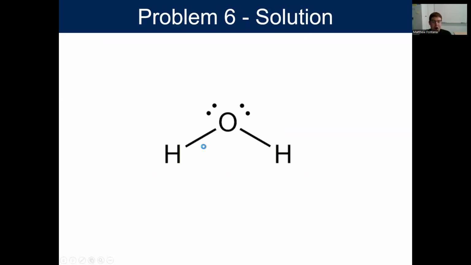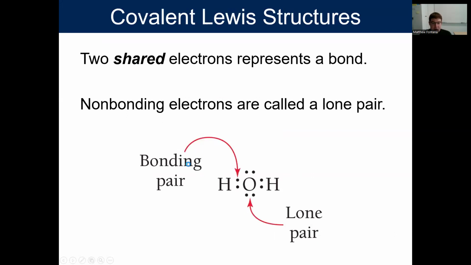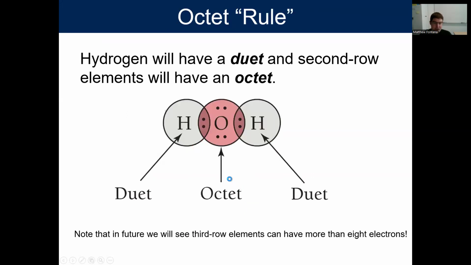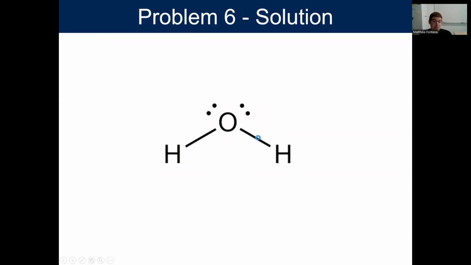What people will commonly do is represent a bonding pair of electrons as a line. So you'll notice that these 2 electrons here and these 2 electrons here get replaced with a line. And so you can see oxygen still has an octet because it's 2, 4, 6, and 8.